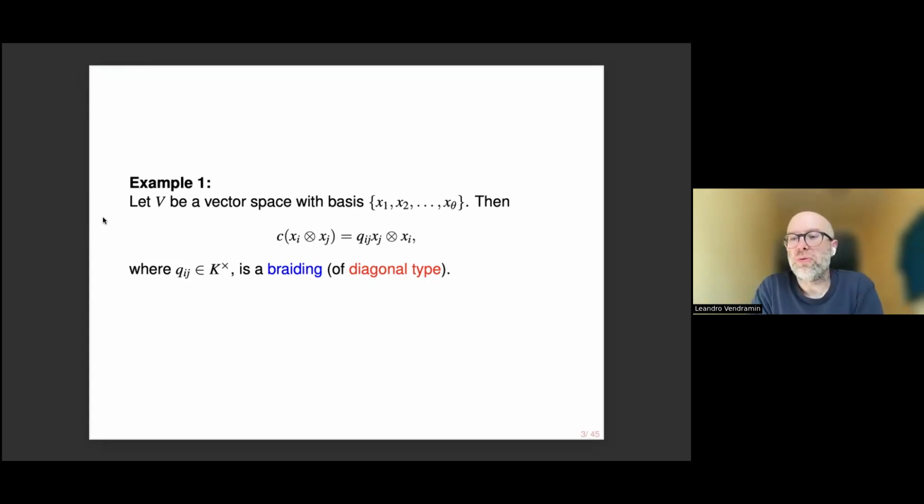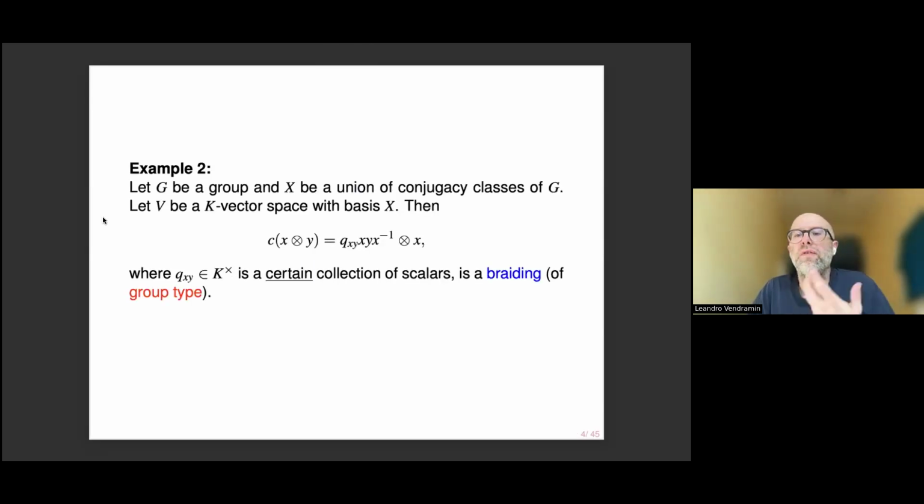And these braided vector spaces are known as braided vector spaces of diagonal type. This is the first family of examples, very, very important. And the second one is some sort of generalization of that. Essentially, the fact is that conjugation will also give you a braiding.